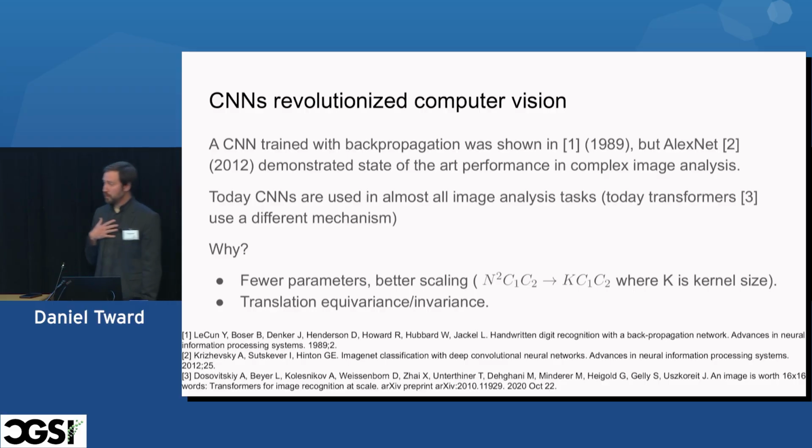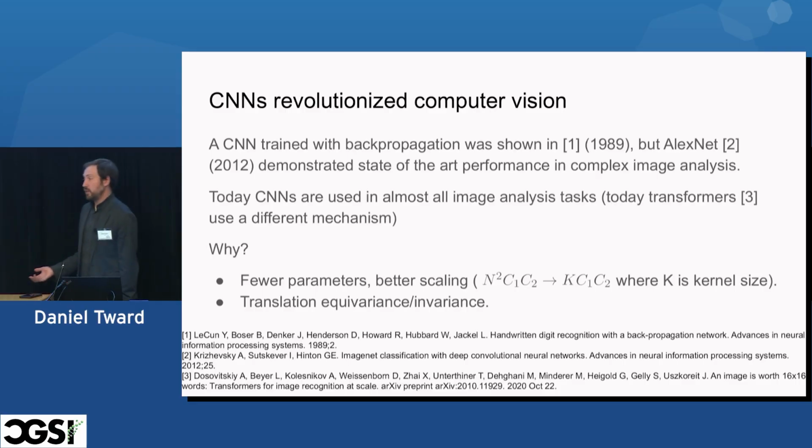So why was this done? Well, from my perspective, there are 2 reasons why CNNs are so much better for image analysis than MLPs. One is because they have a lot fewer parameters. If an image has n pixels and you're mapping from C1 channels to C2 channels, a linear layer has n squared C1 C2 parameters, and a convolution network only has k times C1 C2, where k is the number of samples in your convolution kernel.